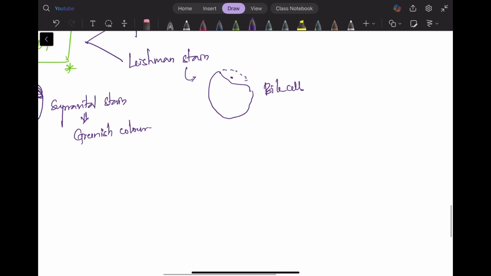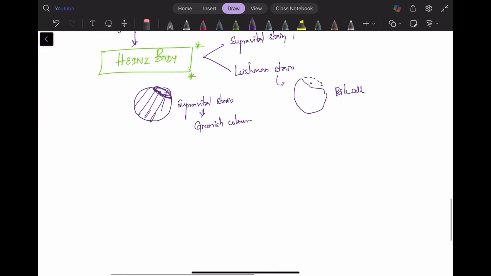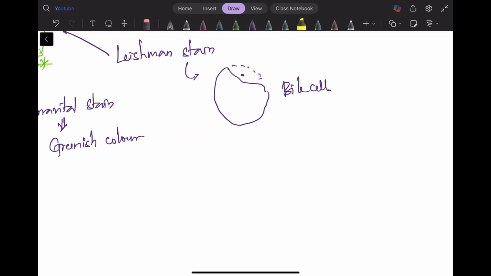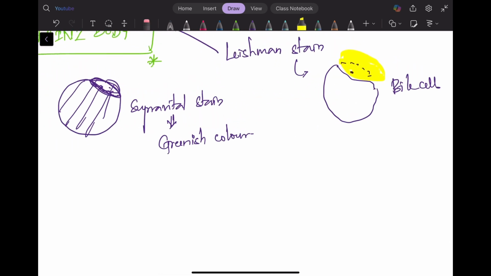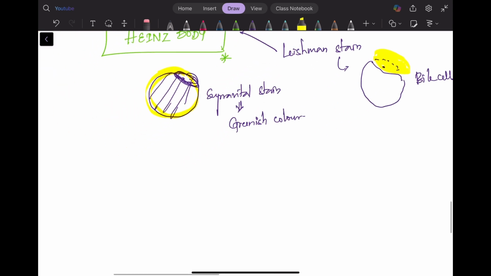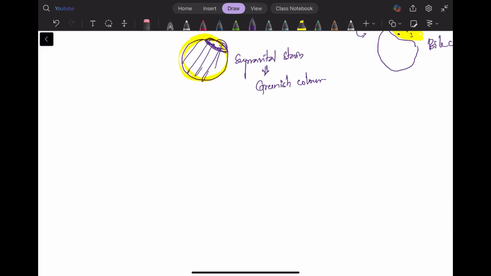Okay, I hope this is clear. In Leishman's stain, this portion of the Heinz body is not visible, but in supravital stain you will see the complete cell. Okay, I hope that is clear.